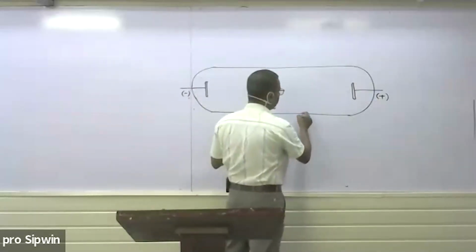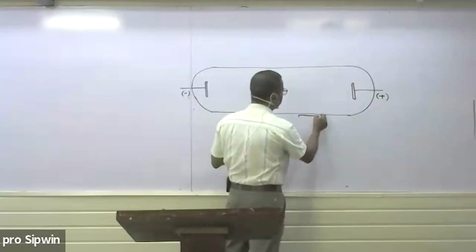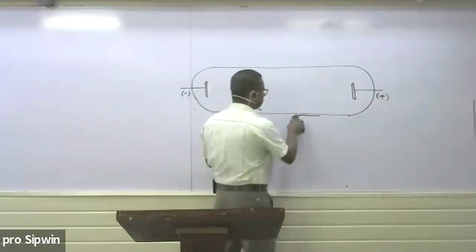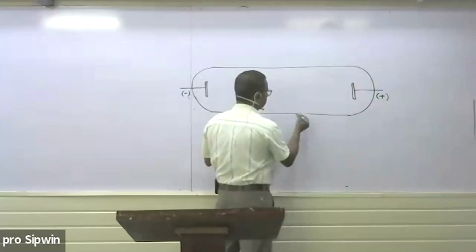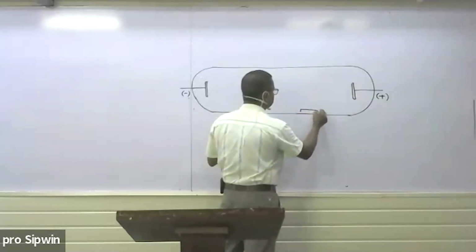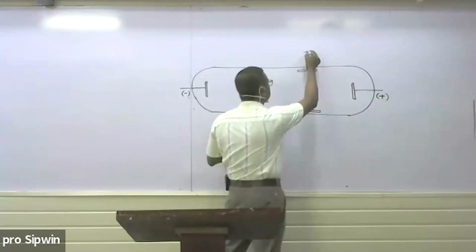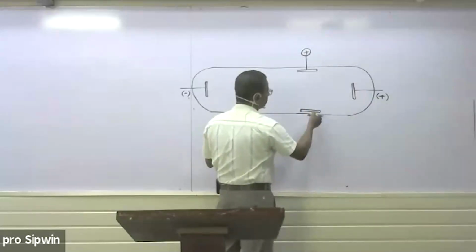Place two metal plates outside or inside the tube, no matter about that. Apply an electric field to that one.